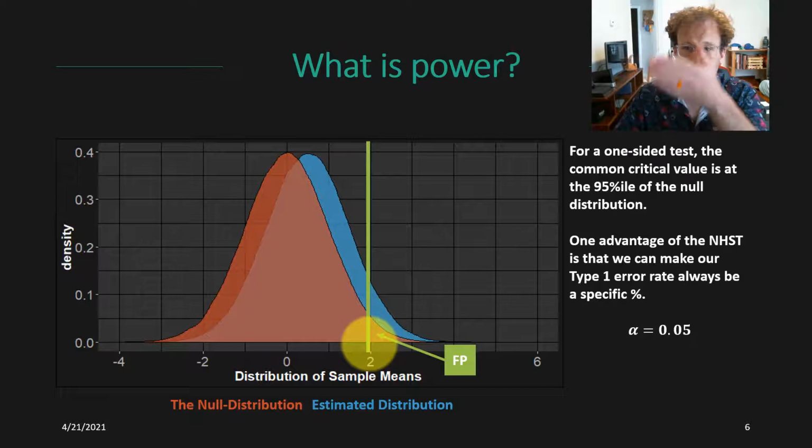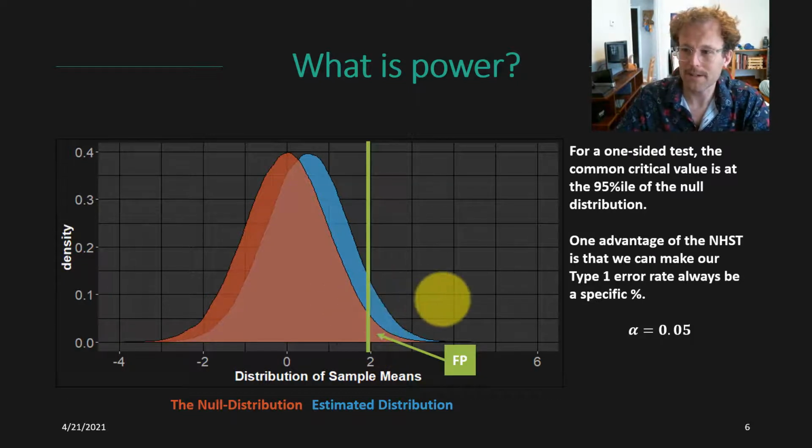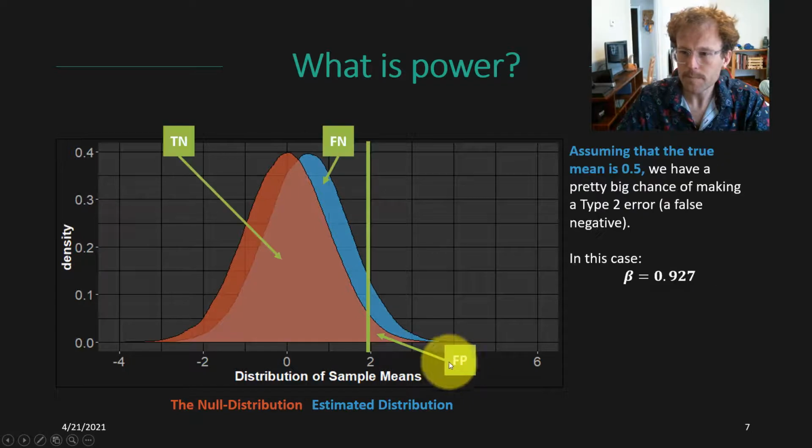That would be right at the 95th percentile of the red distribution. And what we're saying then is if the null hypothesis were true, 5% of that red distribution is to the right of the alpha level. So we have a type 1 error rate of 5%, because if the null hypothesis were true, we'd be getting false positives, denoted by the FP, 5% of the time.